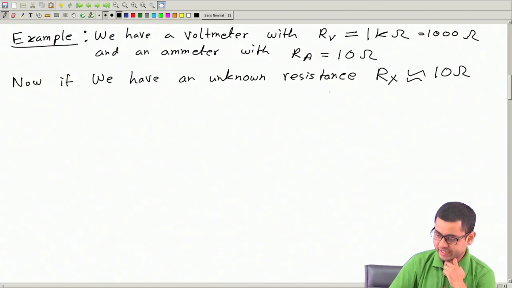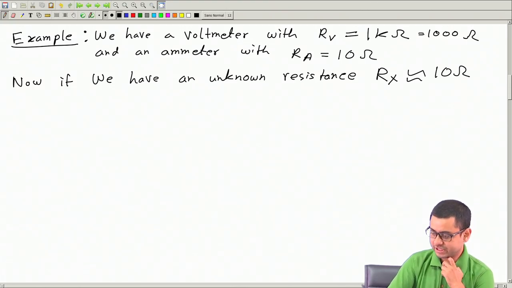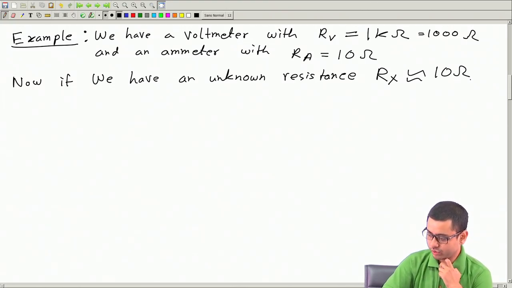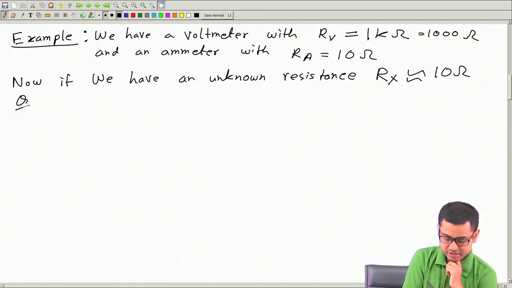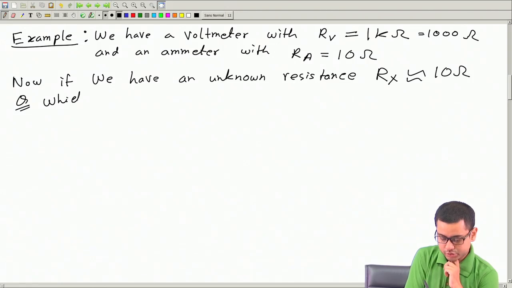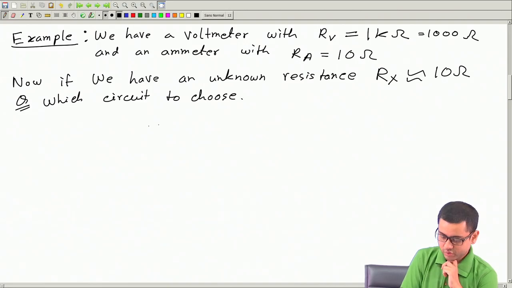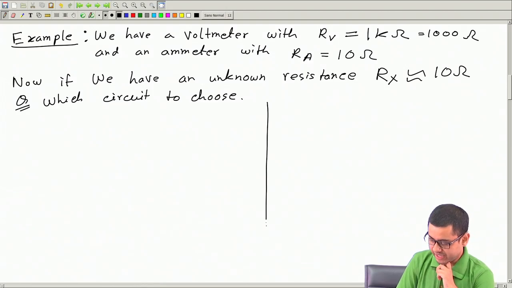So if you have a resistance whose value is approximately 10 ohm, then which circuit should we choose? Then the question is which circuit to choose. Okay. So let's try two circuits side by side.